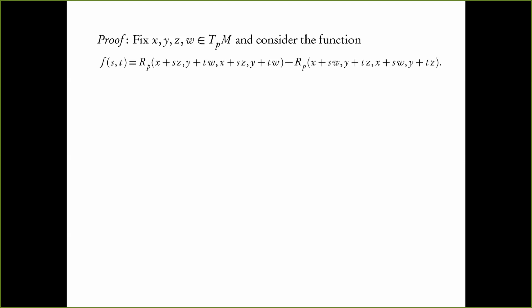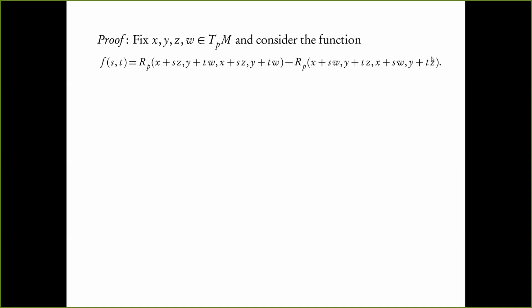So okay, let's consider this function of 2 variables s comma t. These are real parameters, and you define it to be this. Okay, just take a look. This is R(x plus sz, y plus tw, x plus sz, y plus tw). So this quantity here, the left hand side, is essentially, up to a scaling, the sectional curvature, right? Because it's x plus sz, y plus tw, and the same thing repeated.